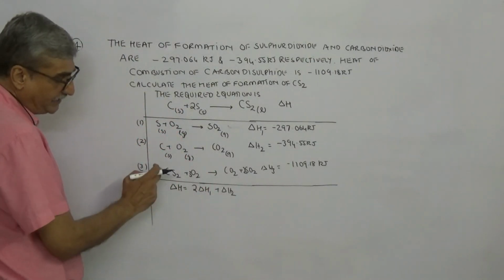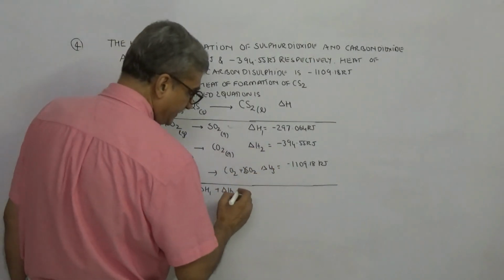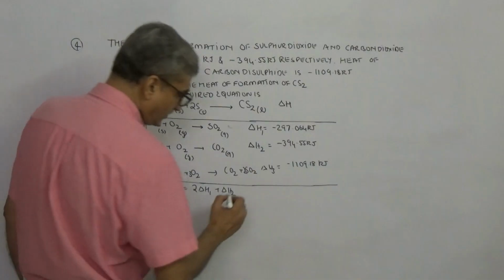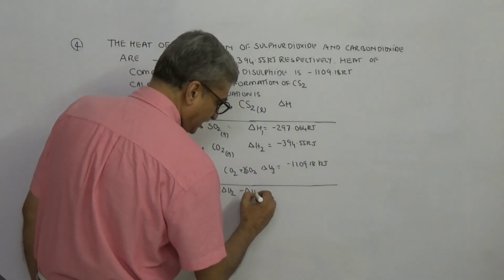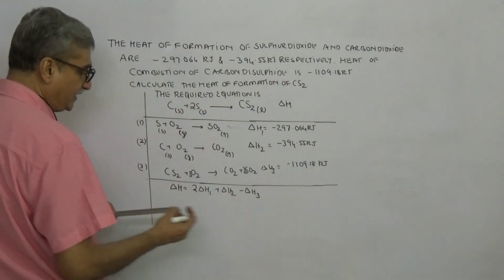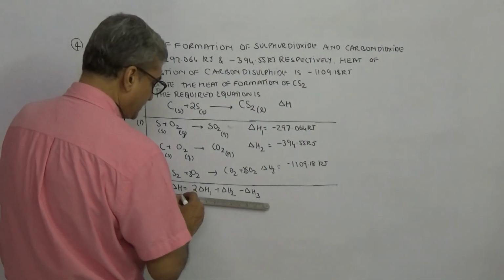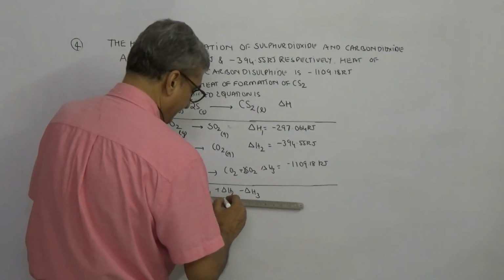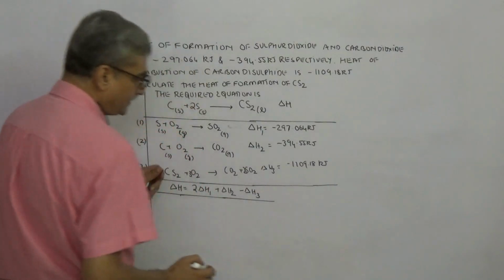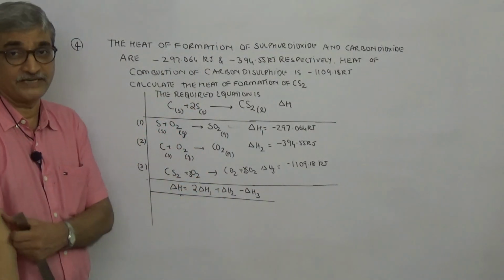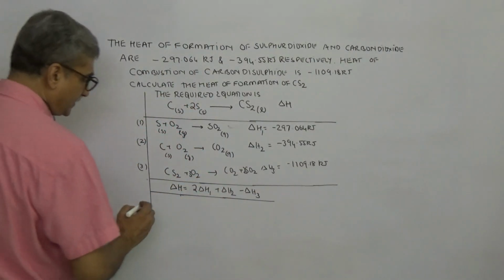Now you need carbon disulfide on the product side, Laplace-Lavoisier law. So minus delta H3. I think you are by now familiar with what I am doing. Is this clear? I am doing it by this method mainly for the board exam. Is this clear?